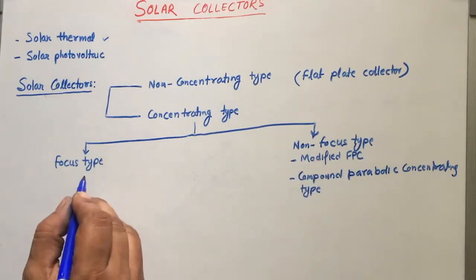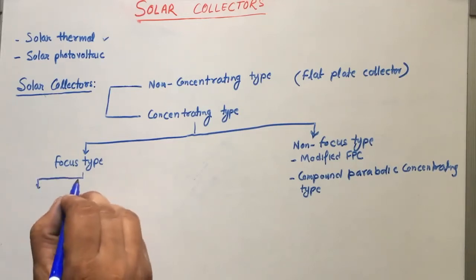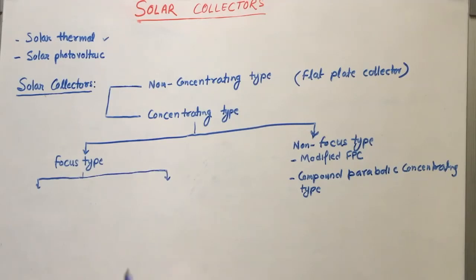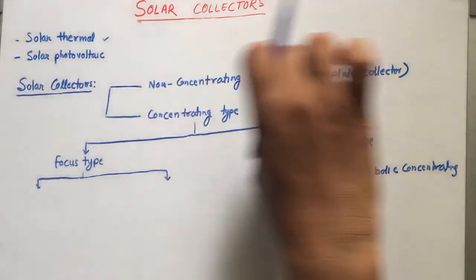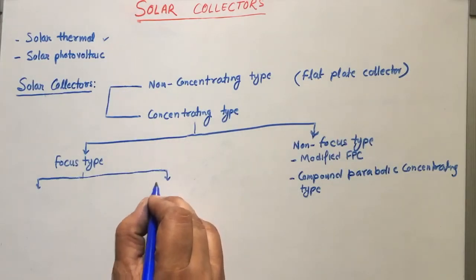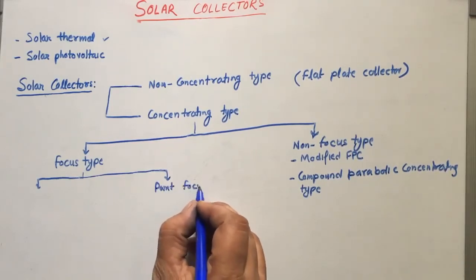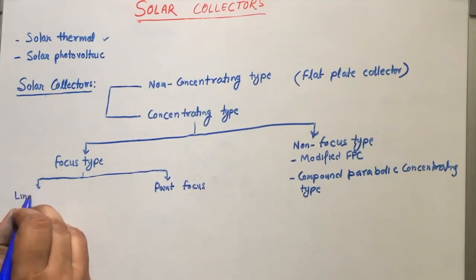Now let us discuss focus type. It can be further classified as point focus and line focus. So we are focusing at a single point, or we are focusing on a single line.